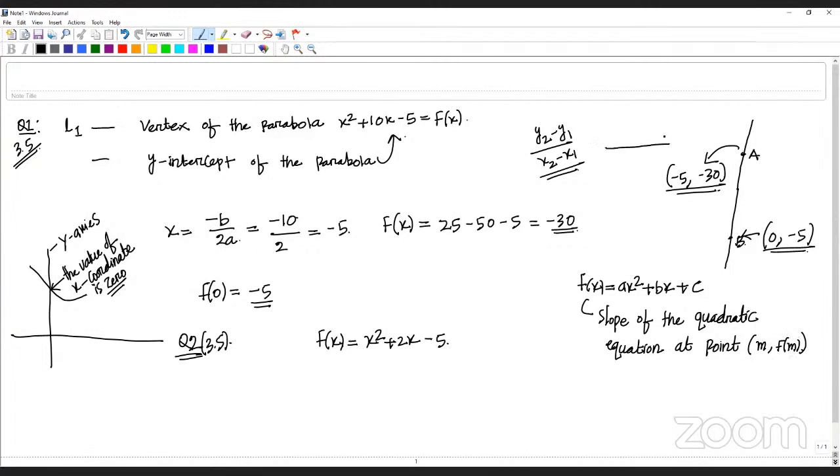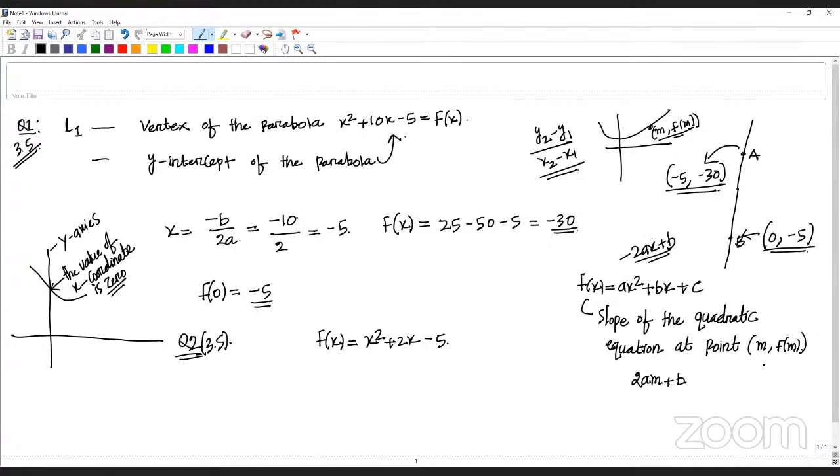So you are basically calculating at some point. Let's say this is your m and f of m. The slope is 2am plus b.